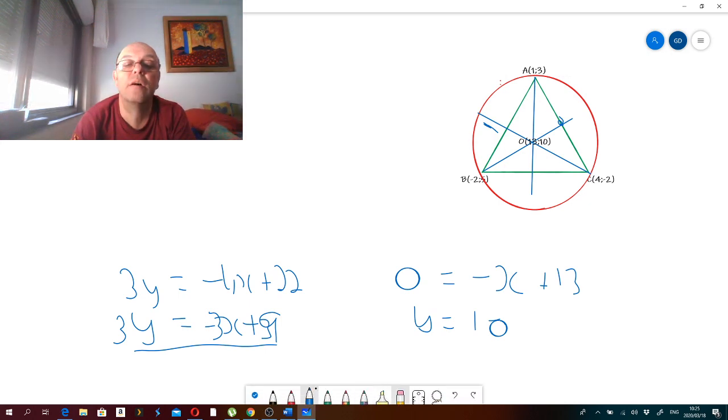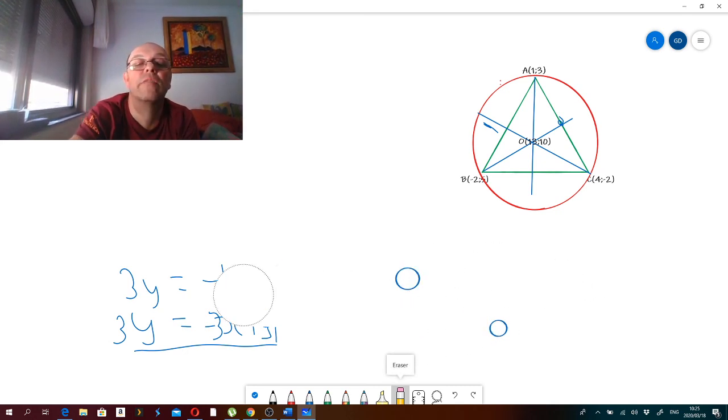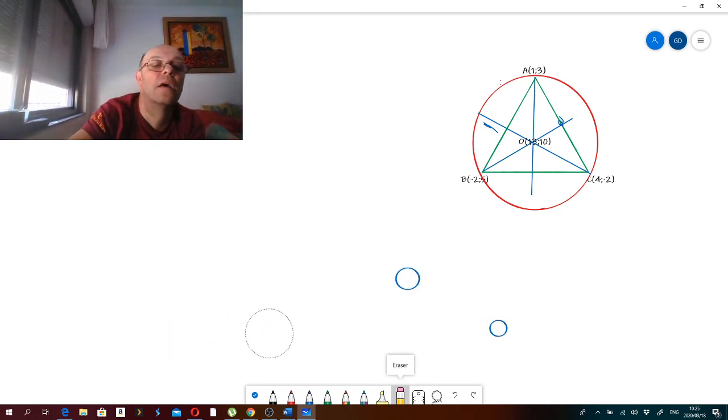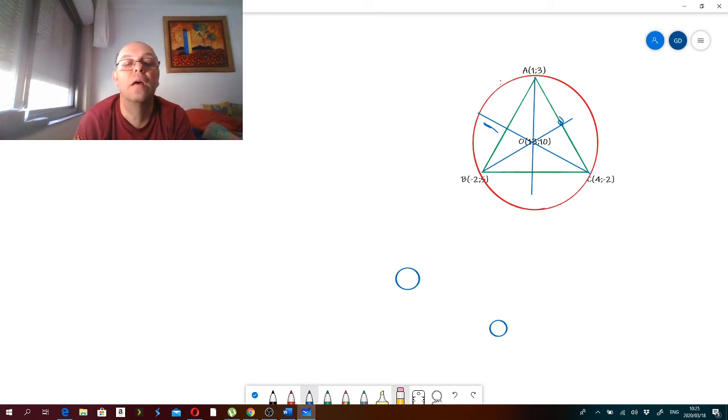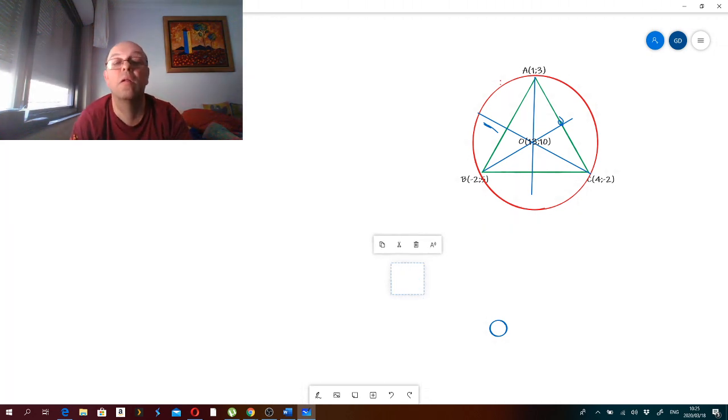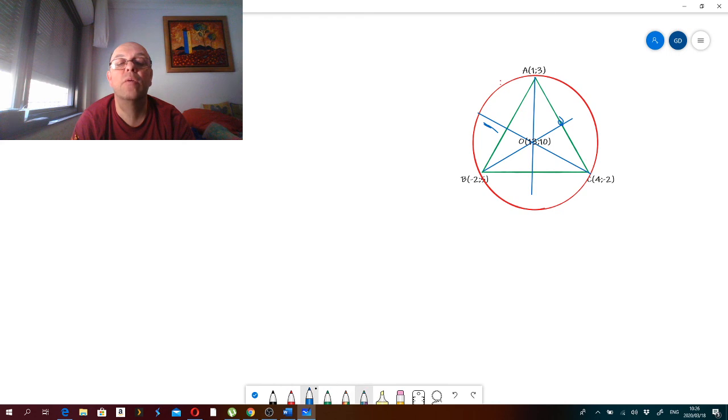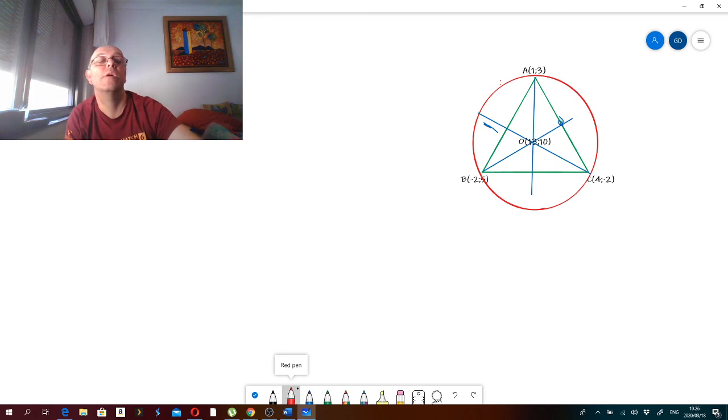Now we can use our formula for writing the equation of a circle. Let me see if I can get rid of these circles quickly. There we go. Right. So with a center of 13, 10, what would be the equation of the circle?